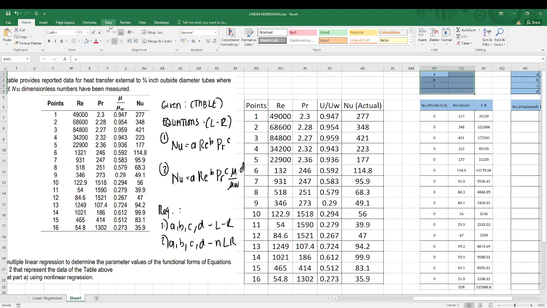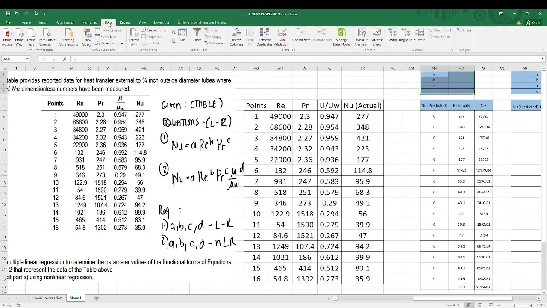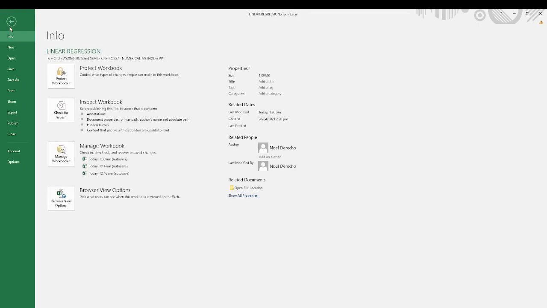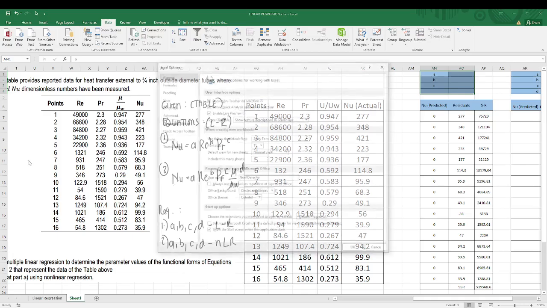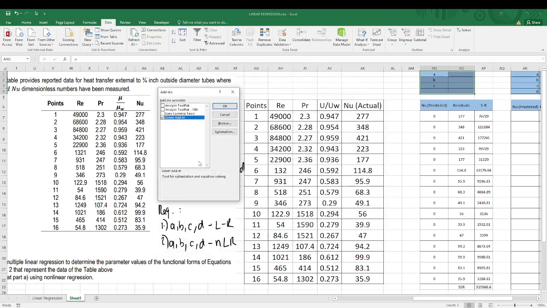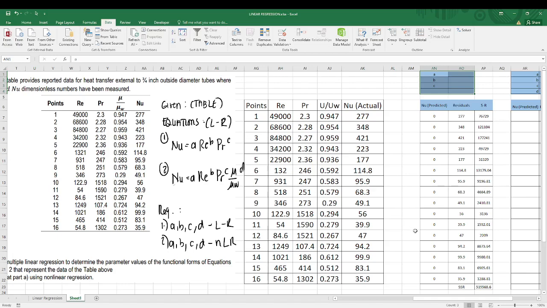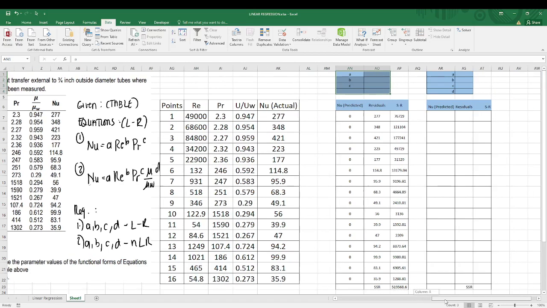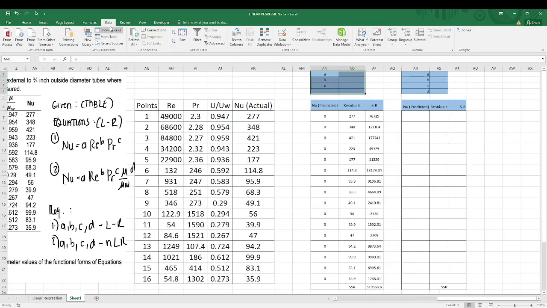So how? In the Data tab, there is what you call the Solver. If there is no solver, you could find it in Options, then Add-ins, then Excel Add-ins, then Go, then make sure Solver Add-in is checked, then OK. So again, the Solver feature is in the Data tab.